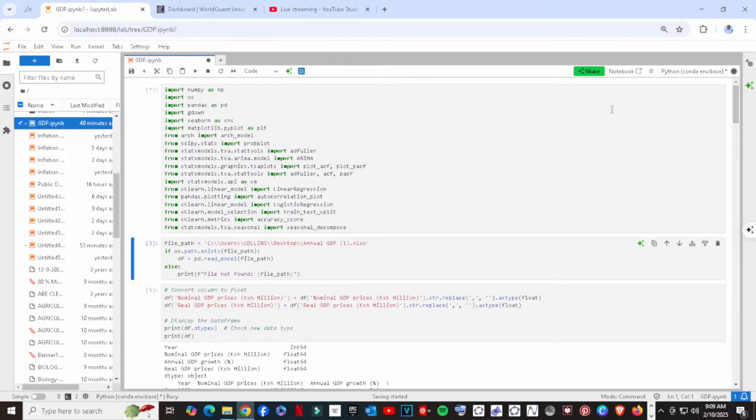That is a class of its own, and one who is interested in learning data analysis using Python can reach out to me so that we arrange on how to go about that. Okay, that being said, we can see it's still busy, so there's little I can do. It has to finish up with setting up the libraries.